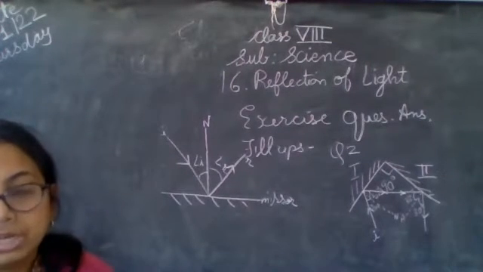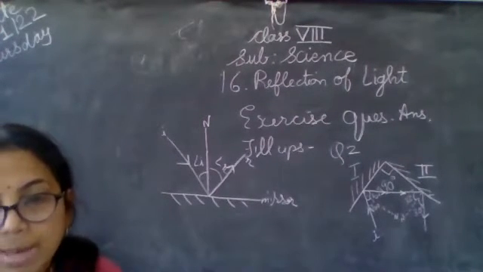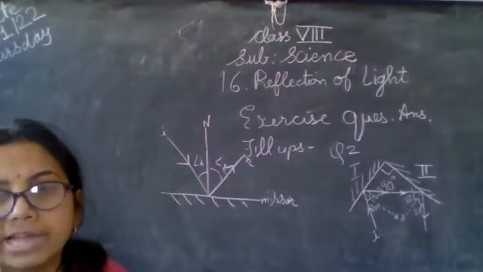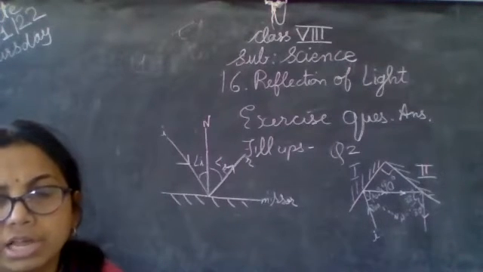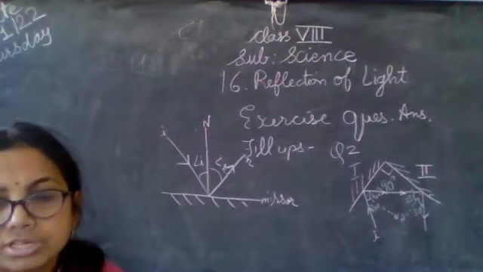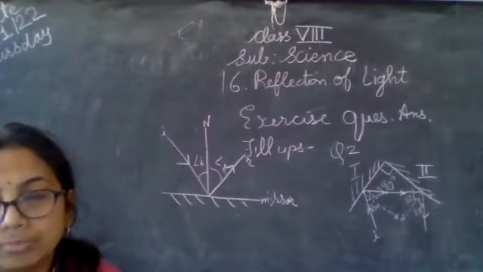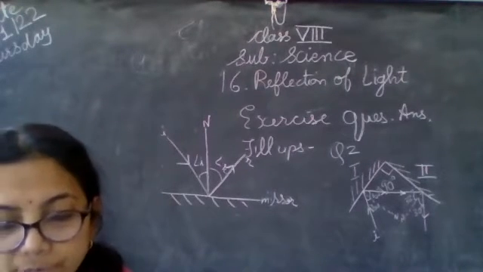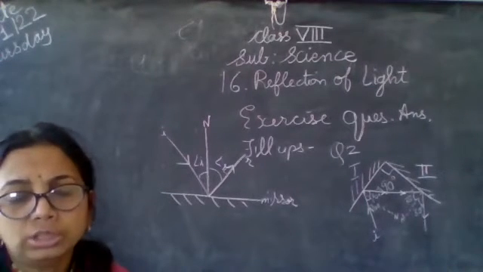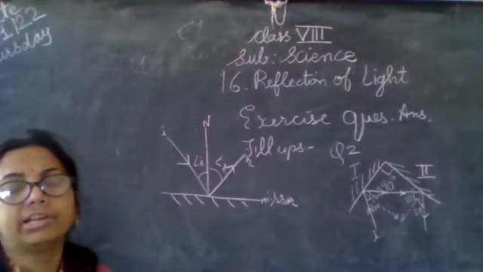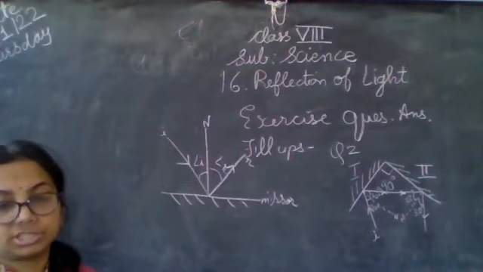So, but in case of a dark room, what happens? There is no light that will be reflected from the object and that will enter our eye lens and reach the retina. So, in a dark room, we are unable to see objects because there is no light that is getting reflected from those objects.